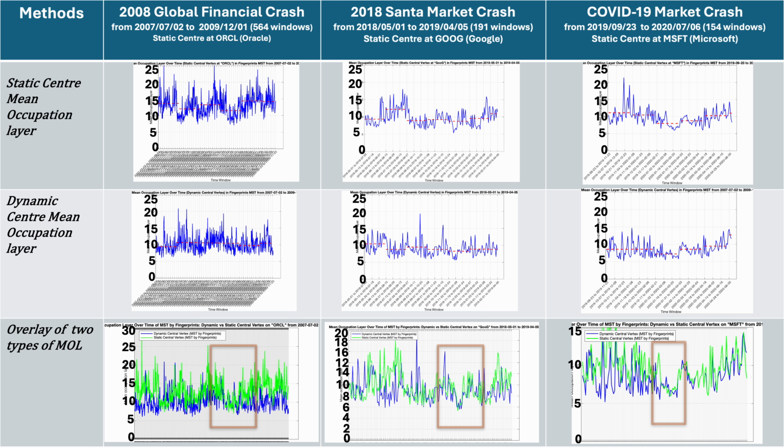This tells us that in market turmoil, the network's layers collapse into a single common structure, and assets are tied closer together from the perspective of the fingerprint. In other words, when markets are under extreme stress, the minimal spanning tree locks into one fixed structure.